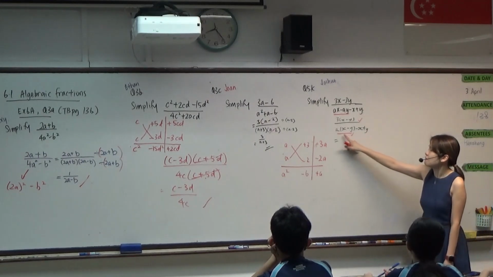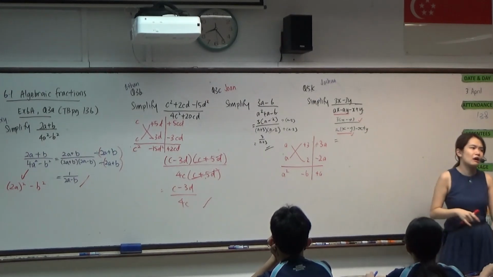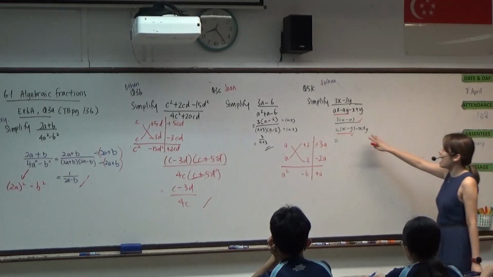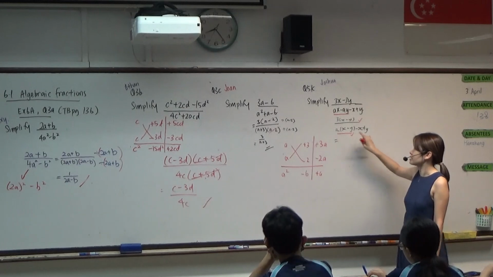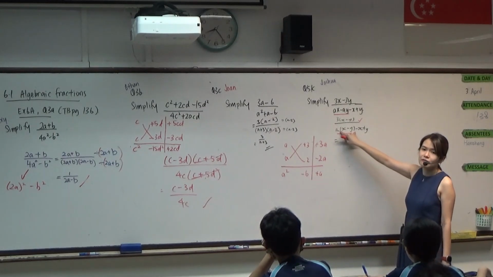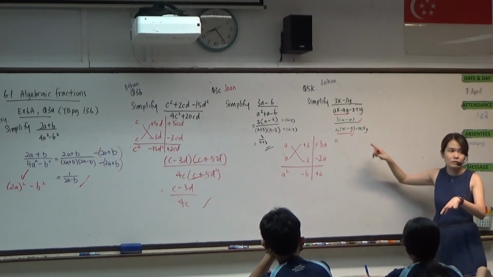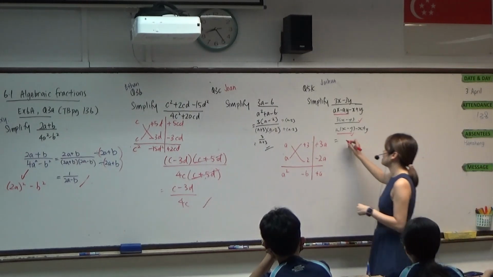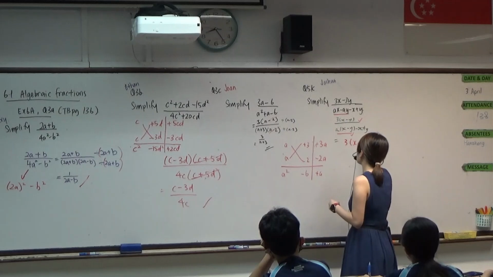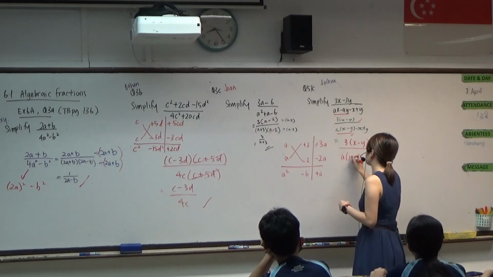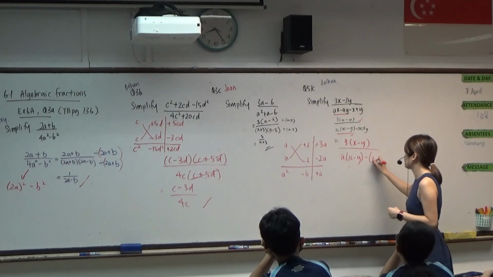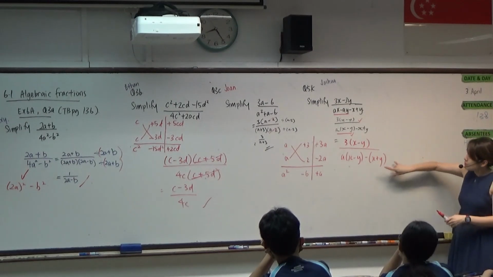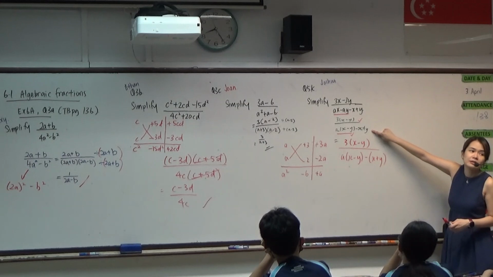The problem here is in the next part, we have minus x plus y. We know that if I leave my answer like that, it is not helpful for us to extract out a common factor. So how am I going to extract out the common factor? We see that there's x minus y over here. Now here also got x and y, but it's not x minus y. But if I want to put brackets, can I put brackets like that between this step and this line over here?